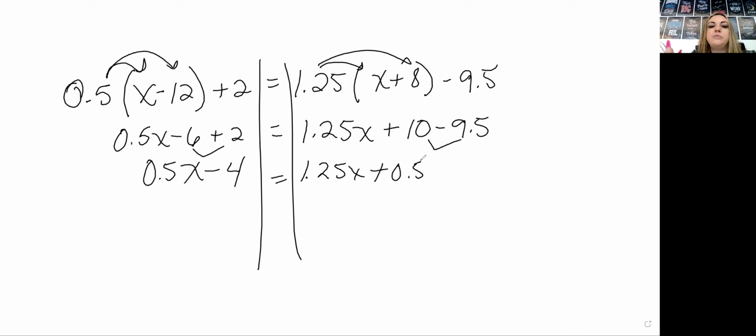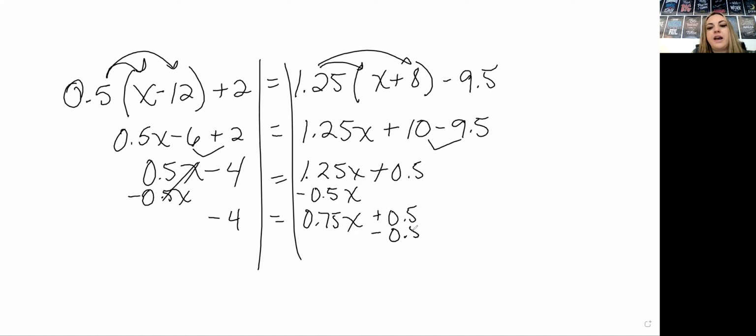Now I want to get my variable terms on the same side. I look at my coefficients, and 1/2 is smaller than 1.25. So this is the one that I'm going to undo. Over on the left, we still have -4, and on the right, we now have 75/100 x.